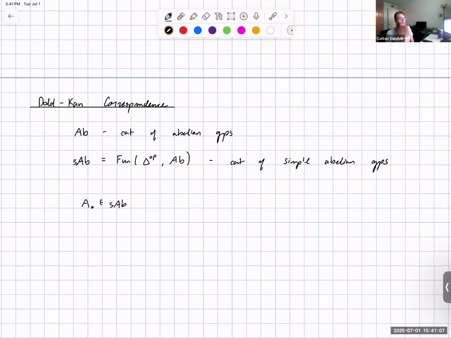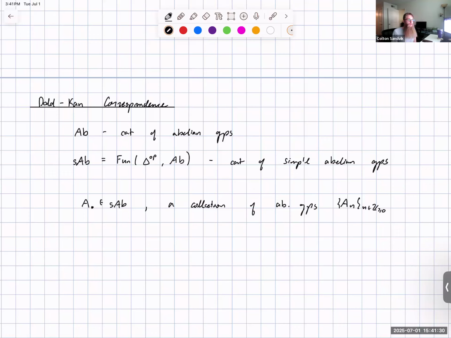We should be able to plug in a positive integer and get something. So we should have a collection of abelian groups, A_n, for all positive integers n.